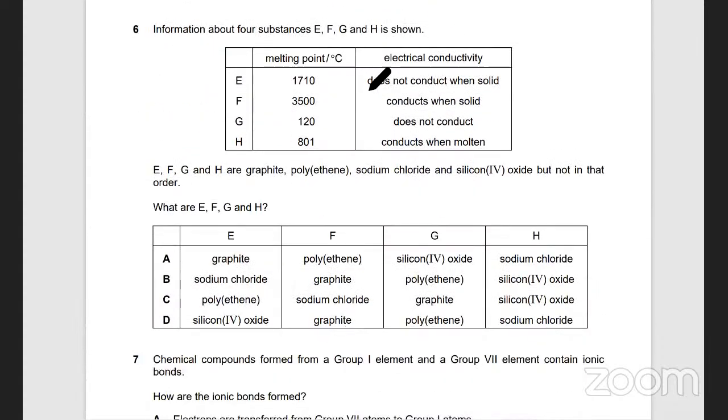As a next question, you've got information about 4 substances, E, F, G, and H. So the 4 substances: graphite, polyethylene, sorry, sodium chloride, and silicon dioxide, but not in that order. Which one do you think is graphite?